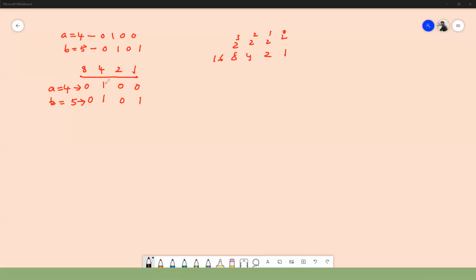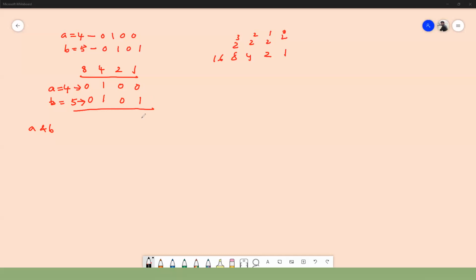Now A and B. In both values, if the bit is 1, then the result will be 1. Otherwise it will not.